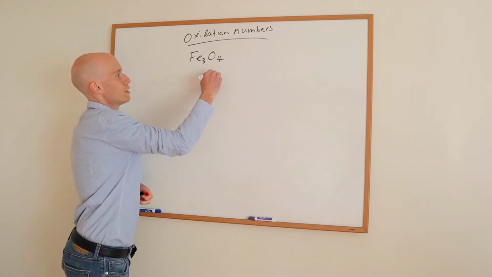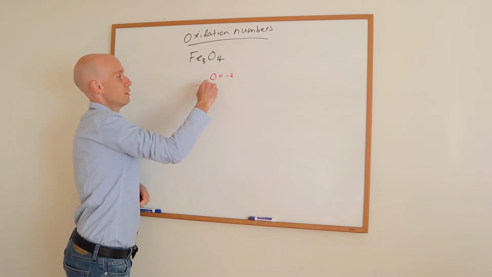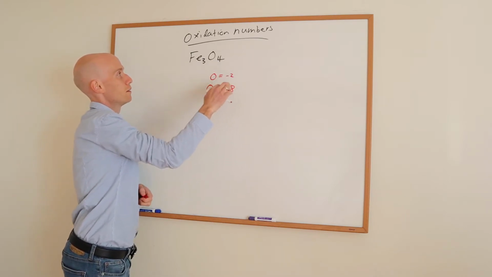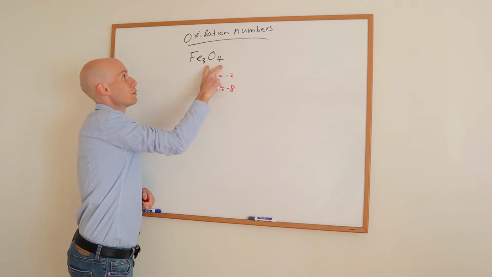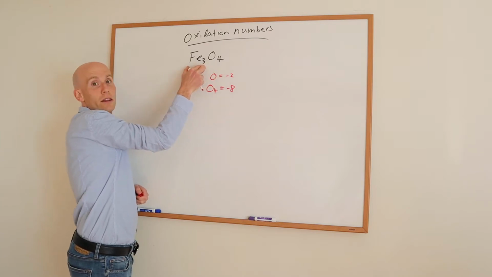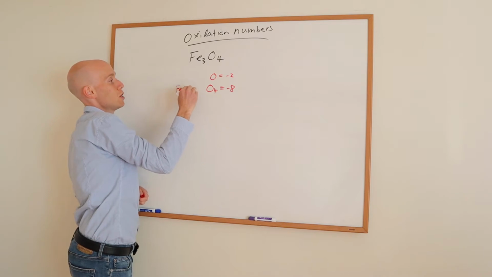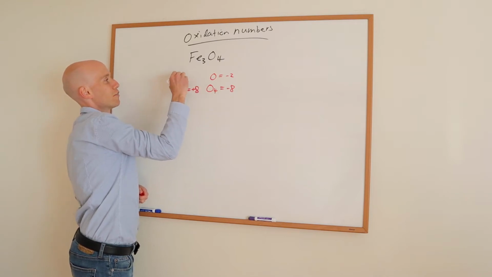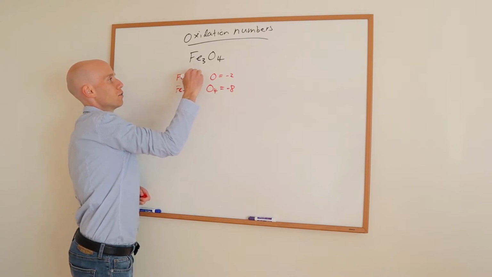If oxygen is -2, then 4 oxygens will be -8. So this half of the substance here is -8, and therefore the other part should be +8. So Fe3 should be +8, and therefore Fe would be +8/3.